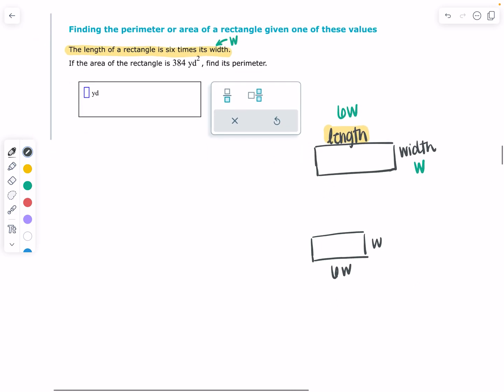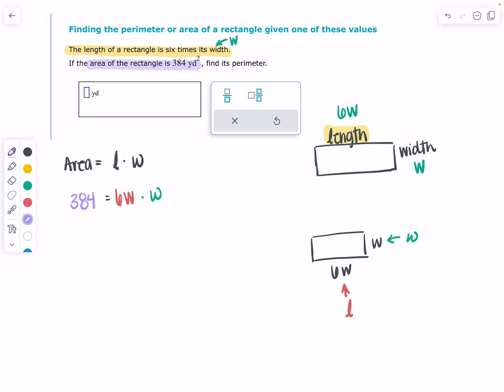And then the question says, if the area of the rectangle is 384 yards squared, find its perimeter. All right, so area of a rectangle, the formula is length times width. Well, the length in my problem is 6W times the width, which is just W. And then it tells me in the question that the area of the rectangle is 384 yards squared.